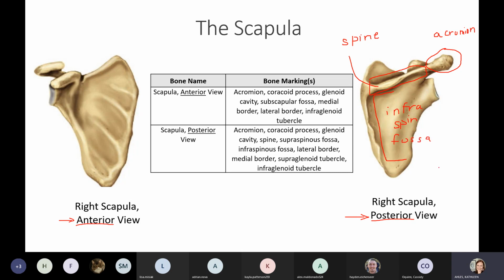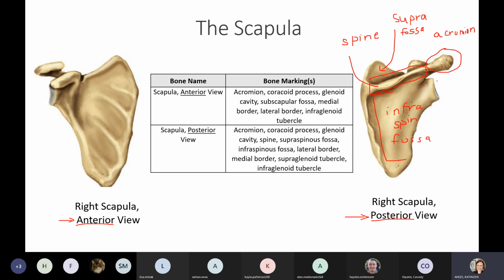Sorry about that. Infraspinous fossa for an indentation. And the indentation above the spine is the supraspinous fossa. So two indentations above and below the spine of the scapula.